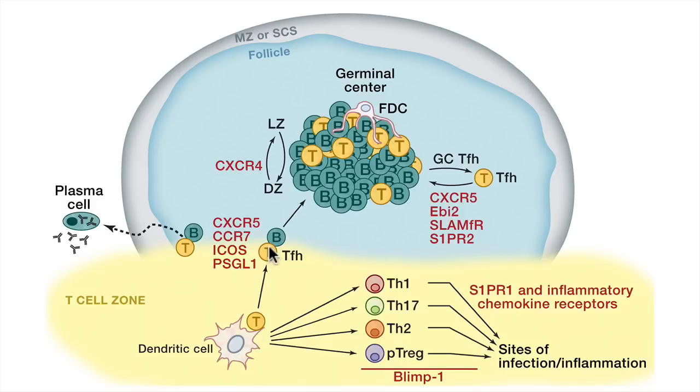And so in addition, there's been the very interesting finding that ICOS, which is generally known as a co-stimulatory receptor, also has a role in T-cell migration. And so ICOS signaling can actually induce directional migration towards ICOS ligand-expressing cells.